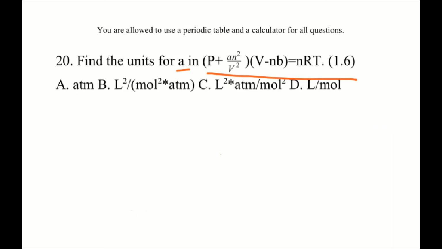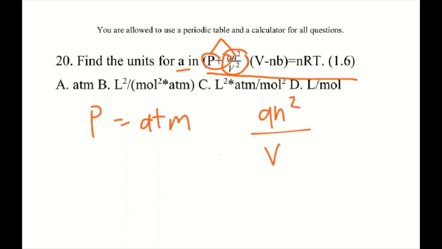So if pressure is being added to an squared over V squared, then these two should be in the same units. So if P is in ATMs, then what would an squared over V squared be?